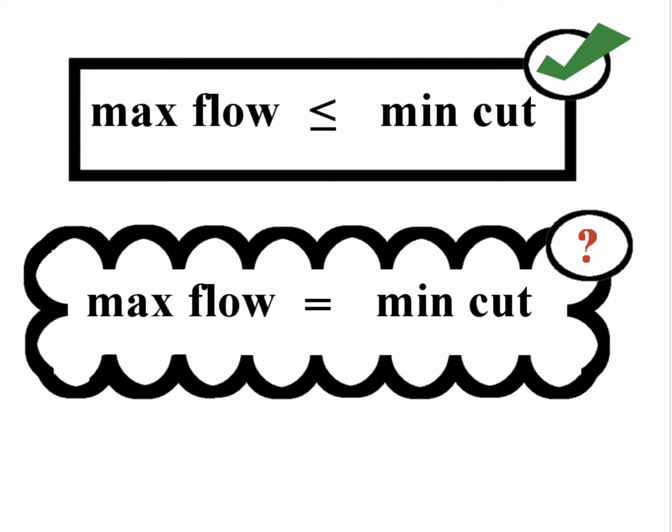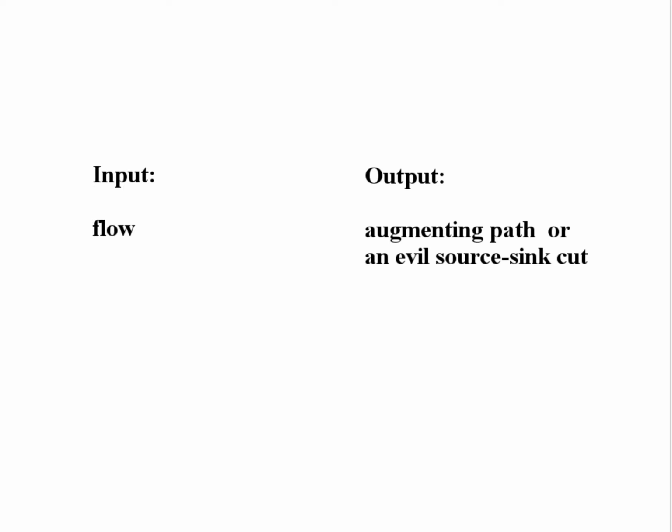In each exploration, we start with one flow on the graph. So the input is a flow, and the output is either good news or bad news. So one of two things will happen as an output of the algorithm. The input is the flow on the graph, and the output will be either an augmenting path or one very nasty source sink cut.